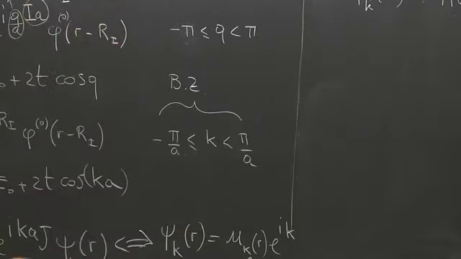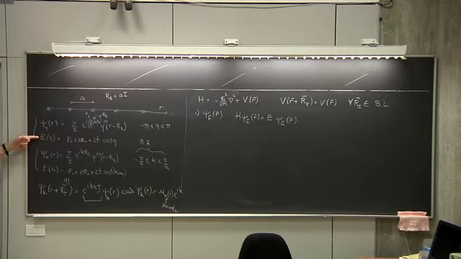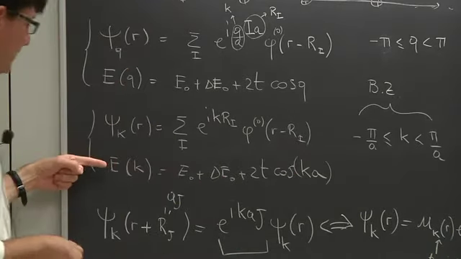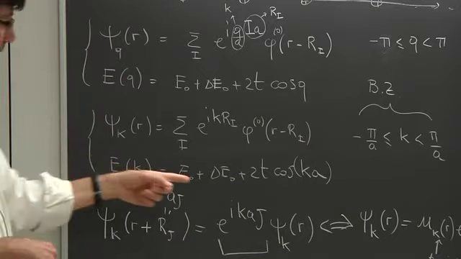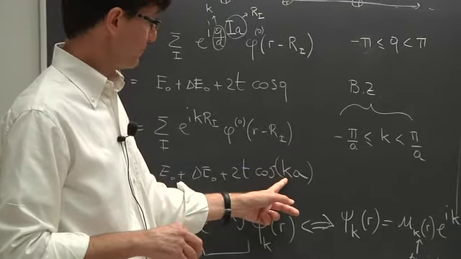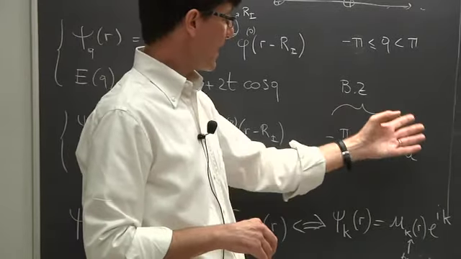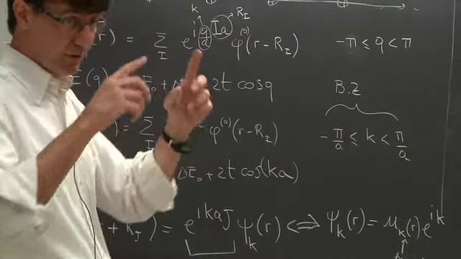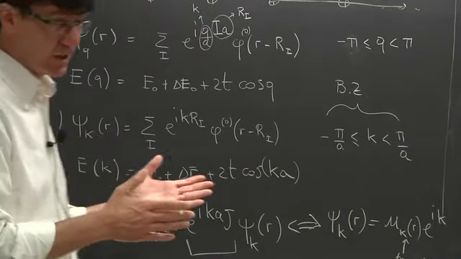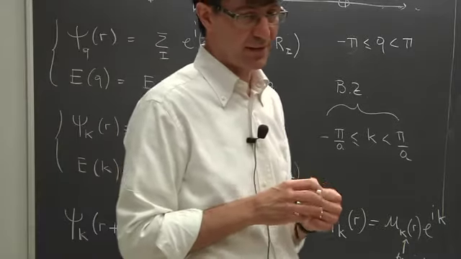So our solutions were periodic functions in a space which is periodic with a periodicity 2 pi over a, and 2 pi over a is exactly the periodicity of the reciprocal lattice in one dimension.